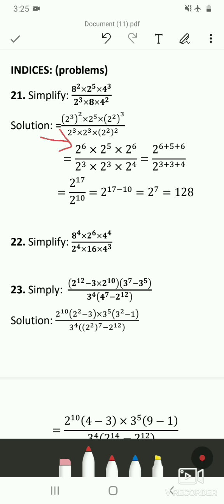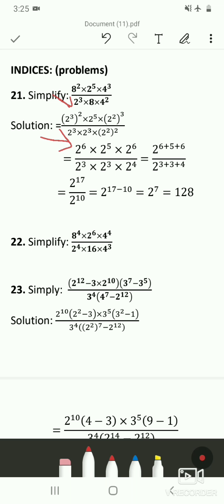As we know the law, a raised to m whole raised to n is nothing but a raised to m into n. Here 2 is nothing but a, 3 is nothing but m, and the whole raised to 2 is nothing but n. So we'll get it as a raised to m into n.